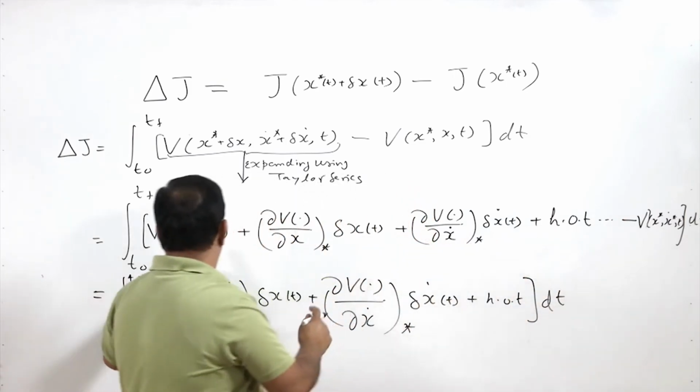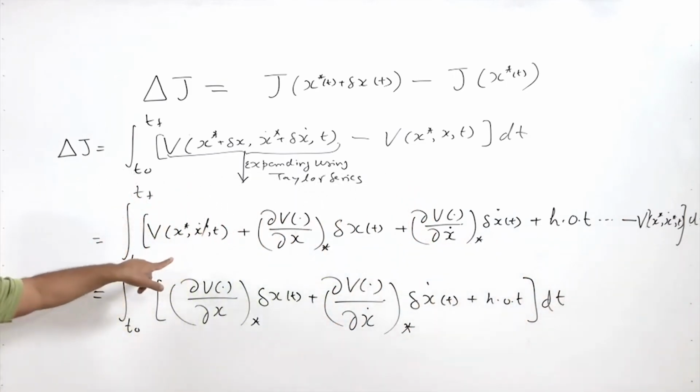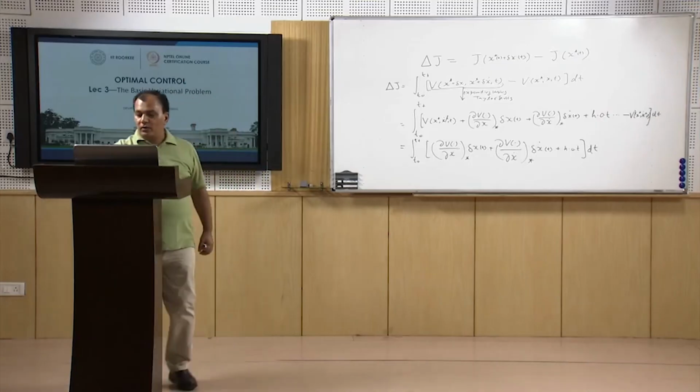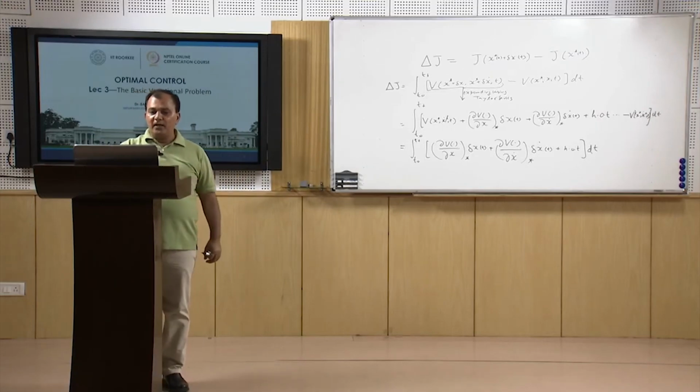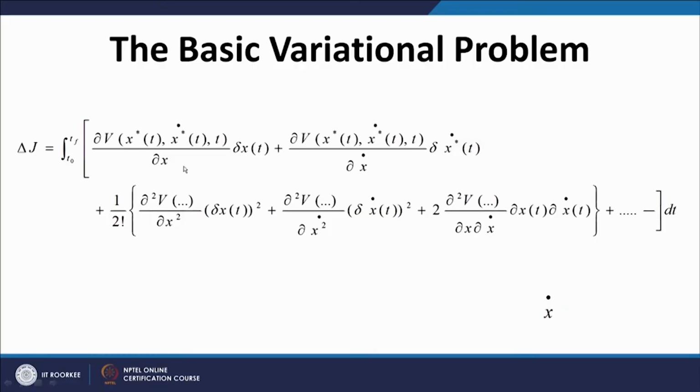V has already been cancelled out. So, we are simply defining the del V by del x dot, delta x dot, then 1 by factorial 2 of the higher order term, which is the second order term, plus the other higher order terms. So, delta J I can write in this form.